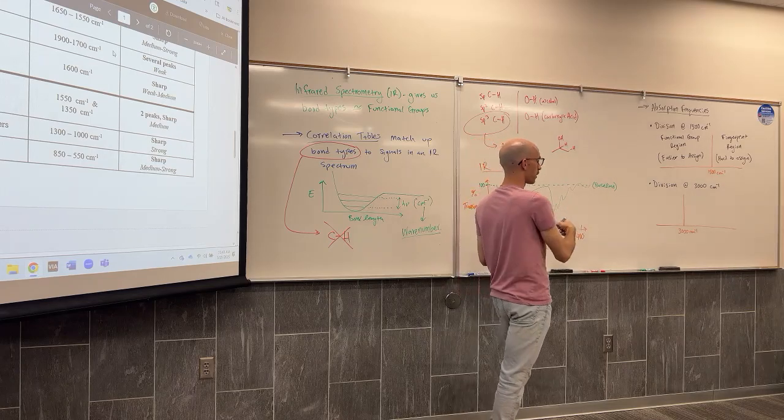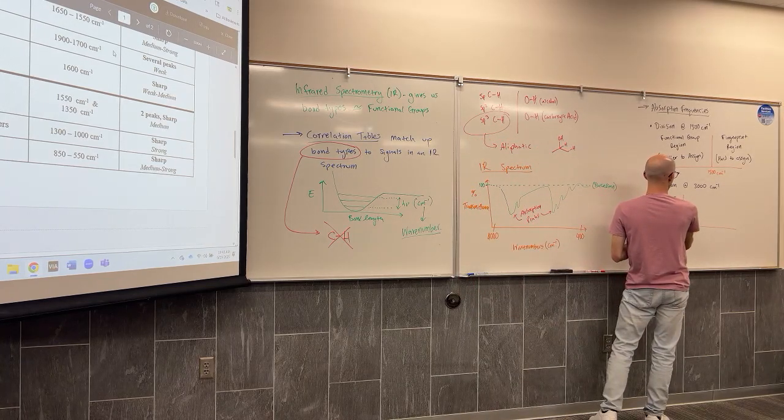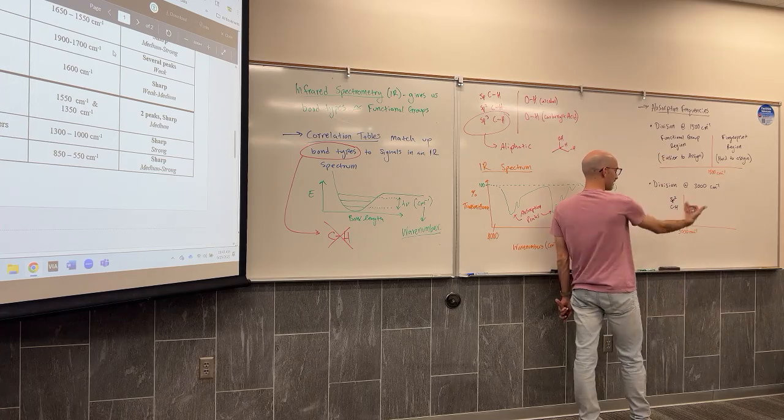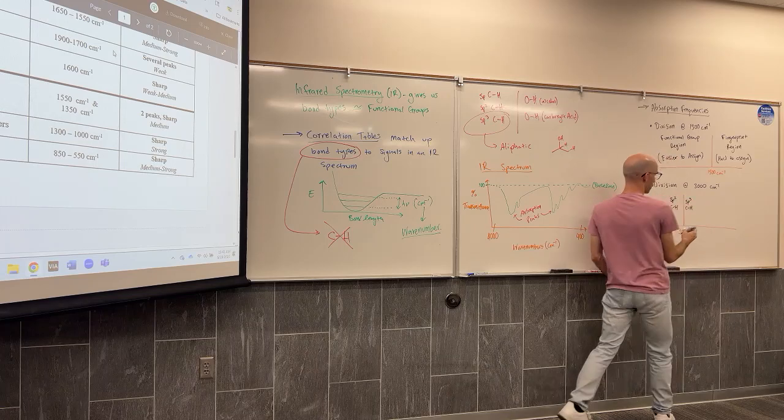To the north of 3000 wave numbers, we see the absorption of sp2 CH bonds, and to the south of 3000 wave numbers, we see the absorption of sp3 CH bonds.